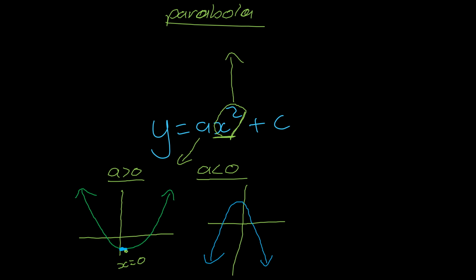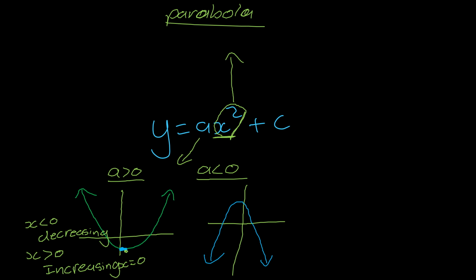Then once it gets to the turning point, it becomes increasing. In other words, for your x values smaller than 0, it was decreasing, and for your x values bigger than 0, it was increasing.